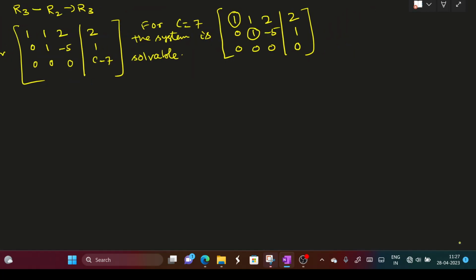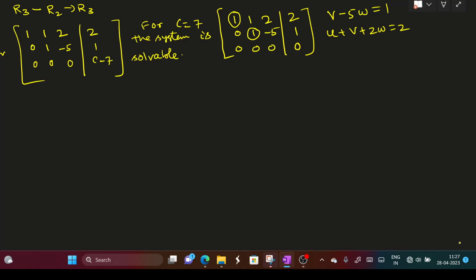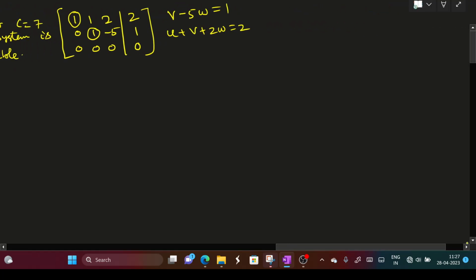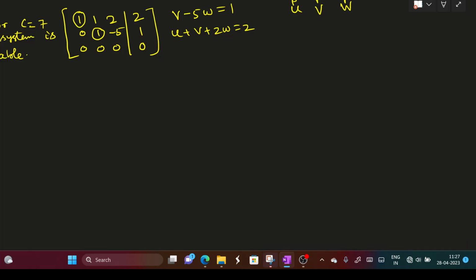So here what are the equations? The equations are v minus 5w is equal to 1, and u plus v plus 2w is equal to 2. These are two equations in u, v, w. Here this is pivot, and this is free. So I will substitute 1 for w.